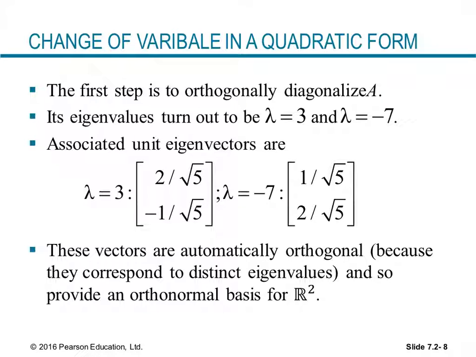So we just found two eigenvalues and corresponding eigenvectors with length 1, and these vectors are orthogonal because they correspond to distinct eigenvalues. So these two eigenvectors are an orthonormal basis for R2 space.